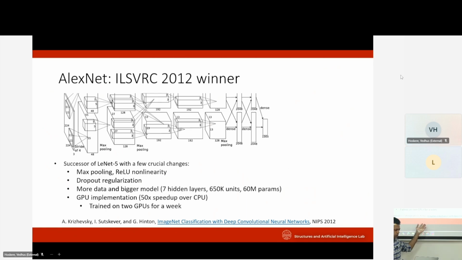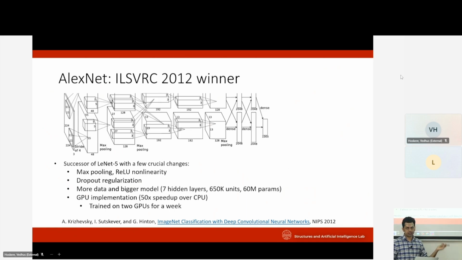Of course, they had more data because they had ImageNet and a bigger model than LeNet. And you can see the number of parameters, the number of units. And of course, this is still small in today's parameter sizes.